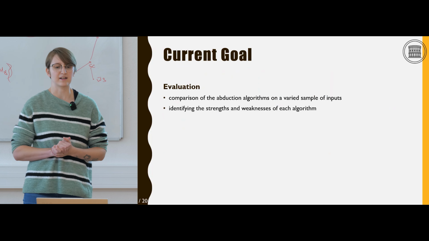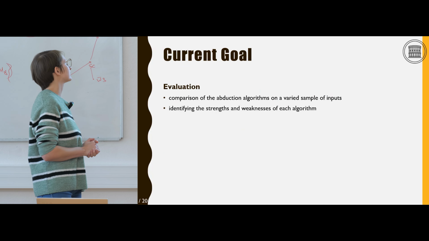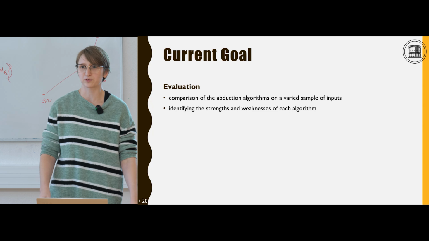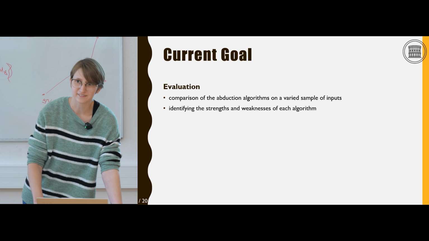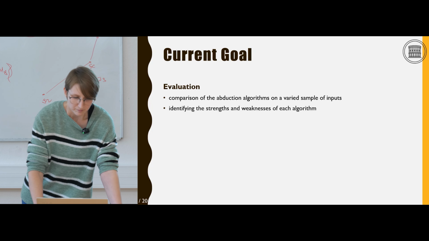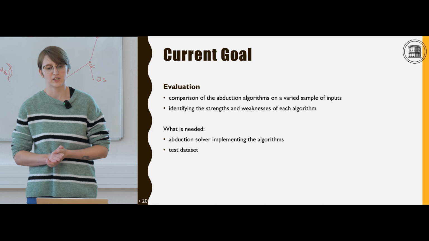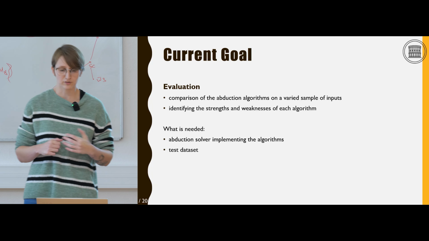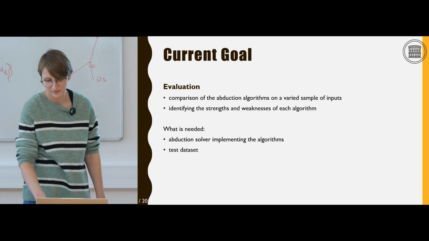And now for our current goal, we want to evaluate these algorithms and compare them. So of course we want to find their strengths and weaknesses, and ideally some overall best algorithm. But what do we need to conduct an evaluation? Well, we do need some kind of implementation that has these algorithms, and we also need some test data set.